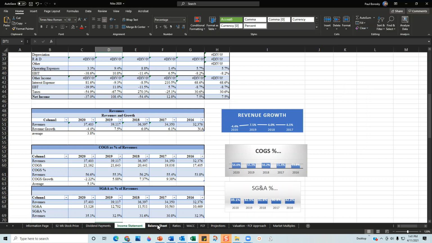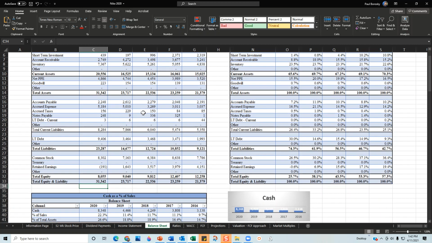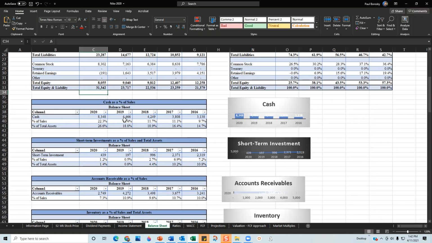The next thing that I did for the balance sheet is, again, compile Nike's 10Ks for the last 5 years, summarize that information, and fit it into the financial model that I created. Again, I broke out each line item individually, and for the balance sheet, I also compared it to total sales or total assets, depending on the line item.